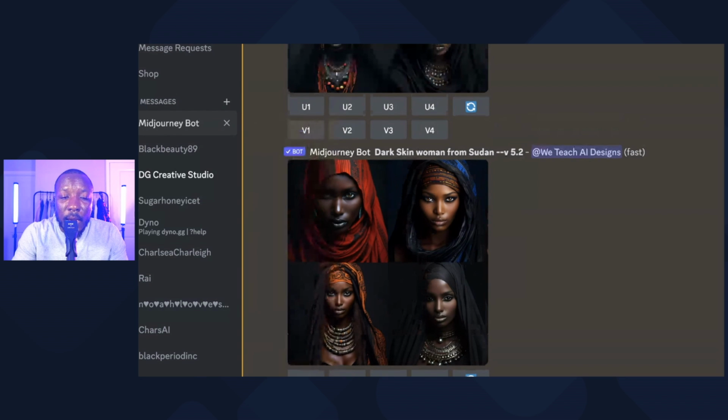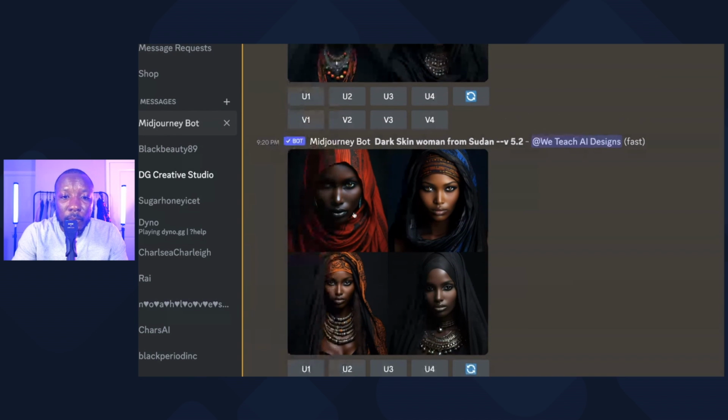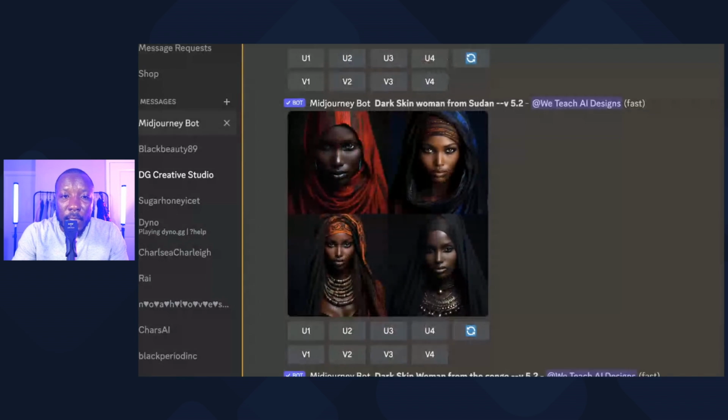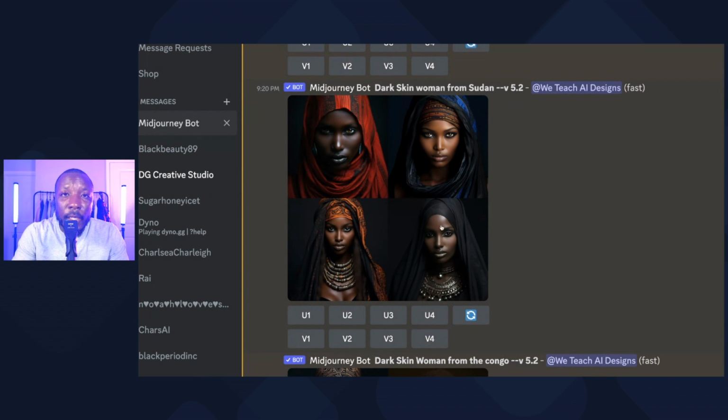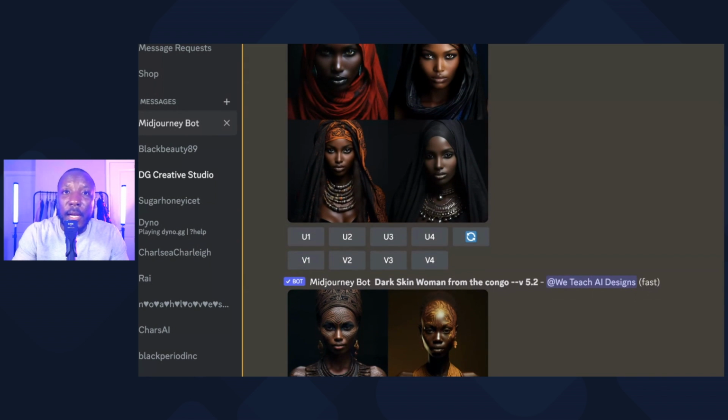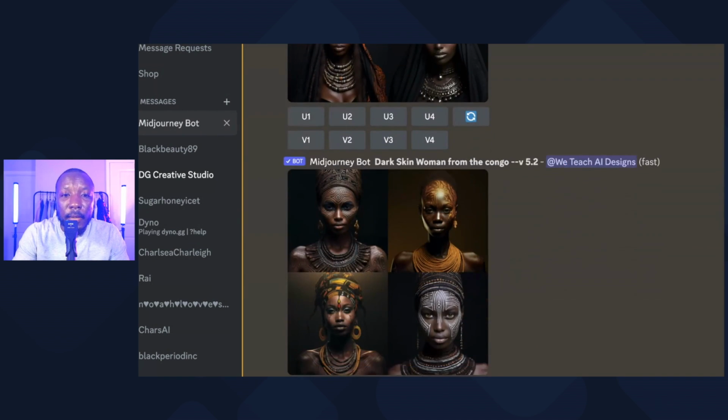You see that right here in the first render. Very dark skinned woman, definitely have like a Sudanese type of complexion. I think 4 did it really well. So if I wanted to move forward, I would probably go ahead and upscale 1 or do a variation of 1 to be able to get more of what that person looks like.